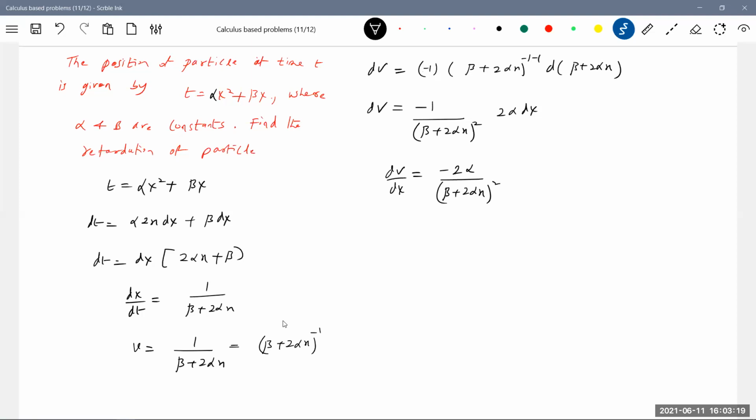But we wanted acceleration, no? What to do? We have one more formula: acceleration equals v dv by dx. What is v? v is equal to 1 by (beta plus 2 alpha x), and dv by dx is minus 2 alpha.